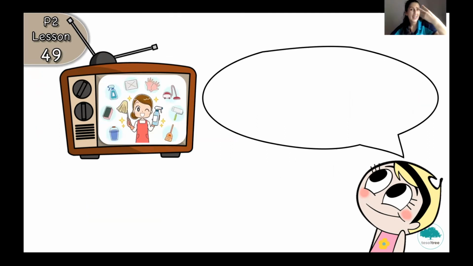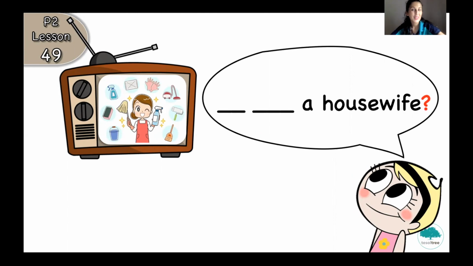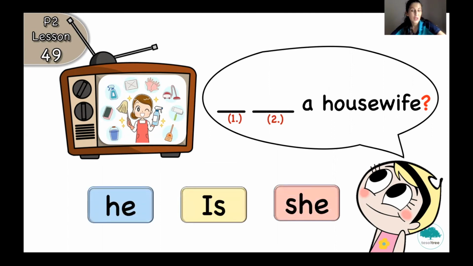Great. Let's have a look at the picture. It's a housewife. Let's make a question. We have he, is, and she. Do you remember how to make a question? So, we should start with is. Very good. We have to start with is. And then let's choose between he or she.